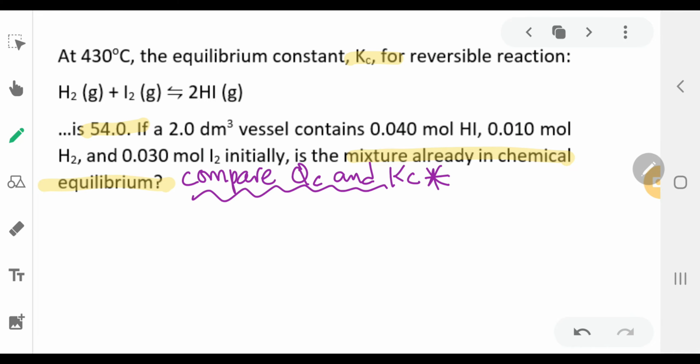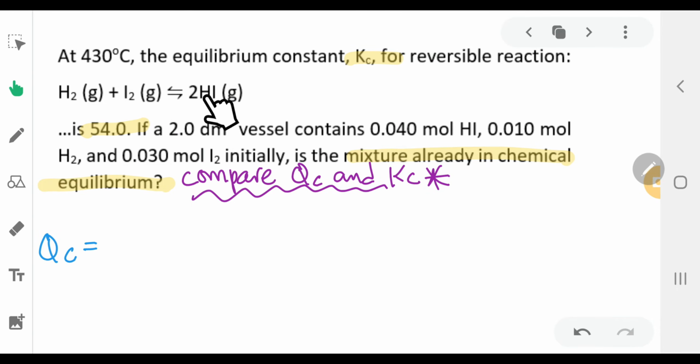So the first thing you need to do is write the Qc expression. Since we're working with concentration, it will be in terms of concentration.